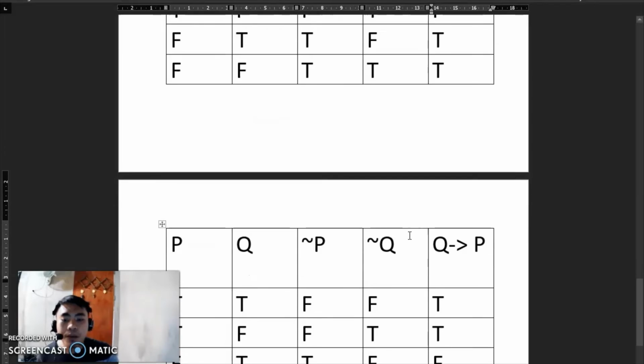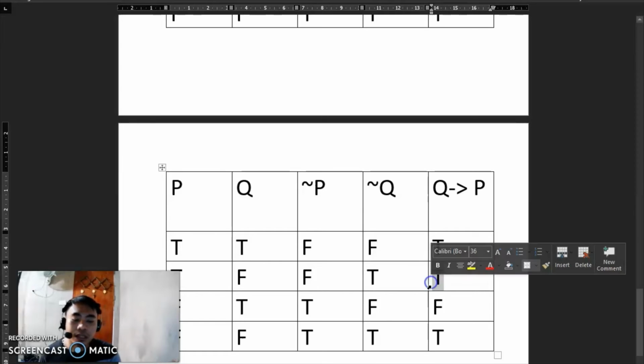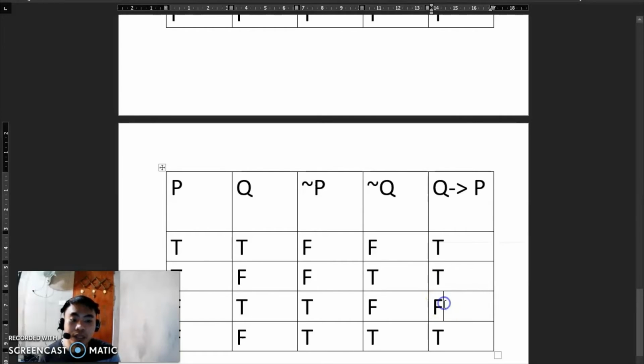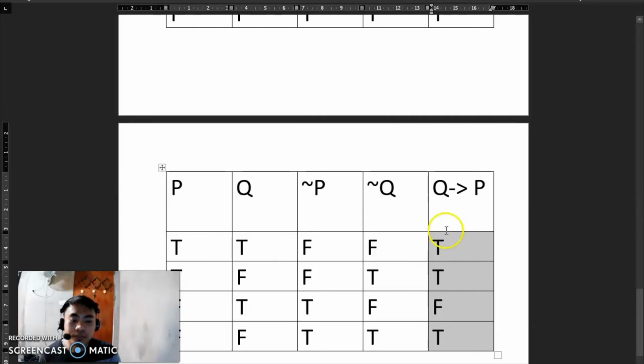Sir, paano kapag po yung isa po sa kanila ay mali? Kunwari ito naging F, tapos ito naging T, pero ito po yung given. Ito pong sagot na ito ay mali na lahat. Kasi po, ito pong last column na ito is consider as the final answer.